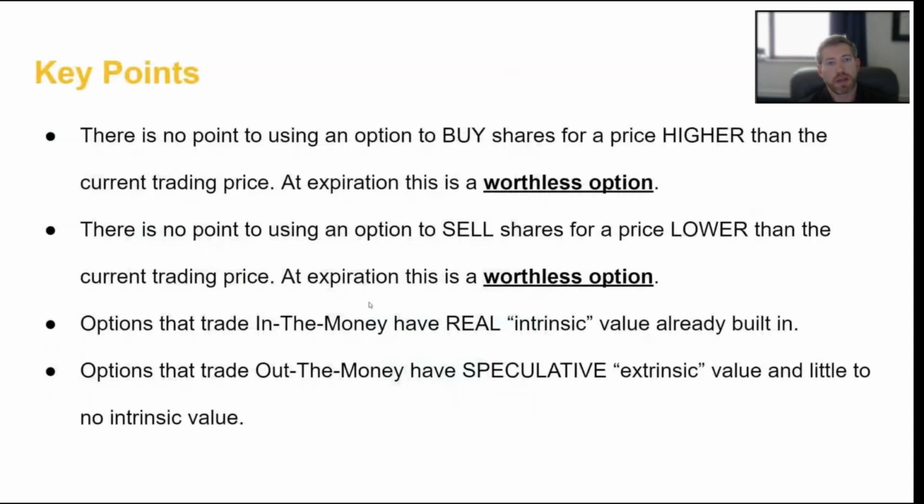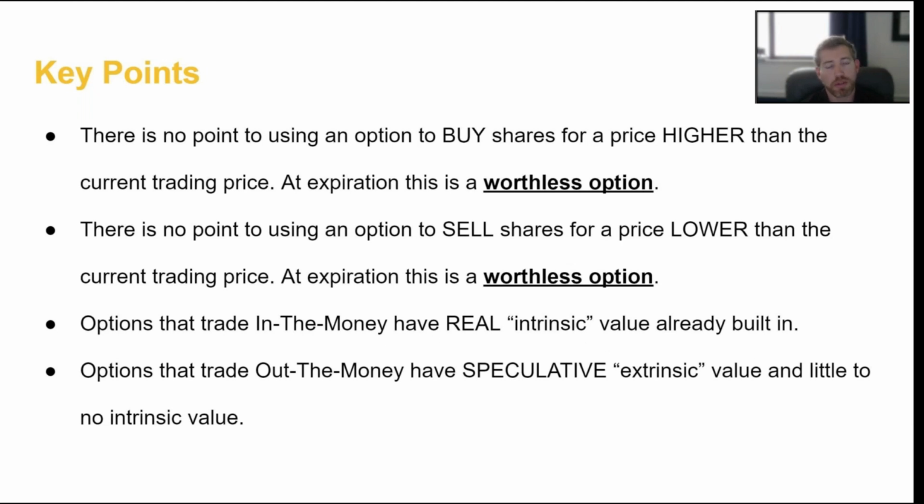So, key points: there is no point in buying and using an option to buy shares for a price higher than it's currently trading at. And there's no point in using an option to sell shares for a price that's lower than it's currently trading at. These two types of options are worthless, and at expiration they go to zero. Also, we want to keep in mind that options that trade in the money have real value already built in.